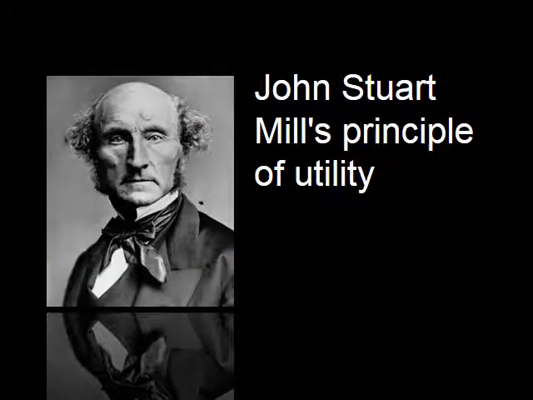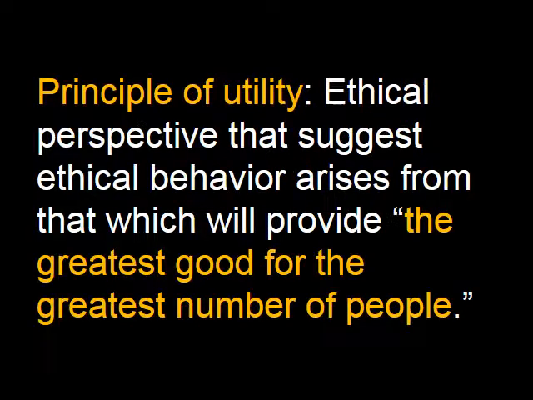Now, the leading proponent of utilitarianism was a famous philosopher known as John Stuart Mill. And he came up with the principle of utility as a framework for approaching ethics. The principle of utility is an ethical perspective that suggests ethical behavior arises from that action which produces the greatest good for the greatest number of people.